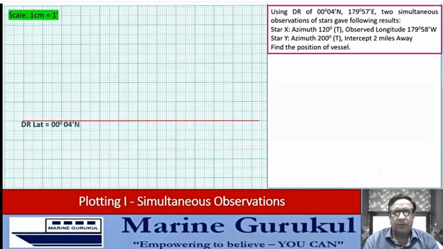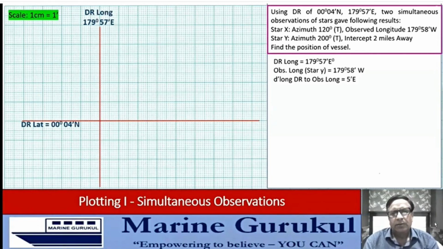On the graph, you can see DR lat and DR long coming up. And now to be able to draw the observed long with respect to DR long, we find the D long from DR to observed long, 5 minutes east. We convert this D long into departure, and departure also happens to be 5 minutes east.